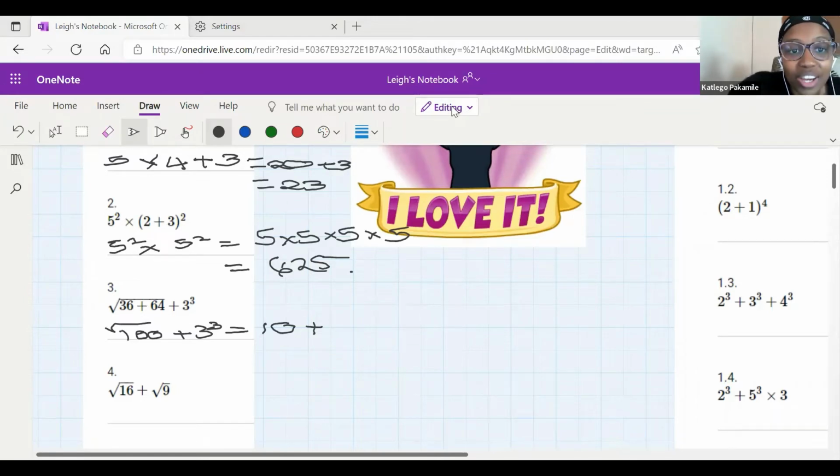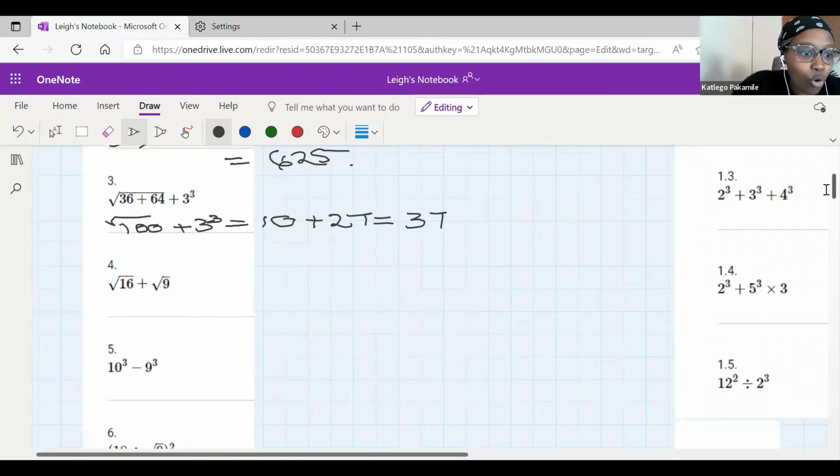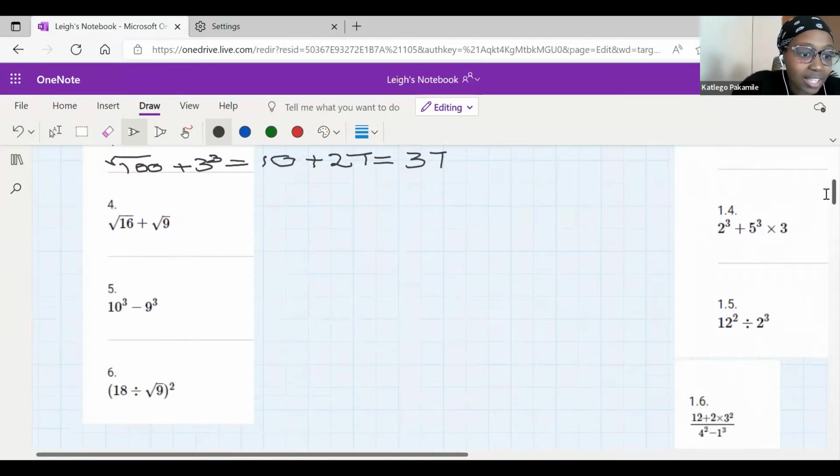But can you please try it for us? 3 cubed. Remember we said 3 cubed is 3 times 3 times 3, right? Yes, ma'am. So 3 times 3 times 3 is? 27. Thank you very much. So 10 plus 27 is? 37. Well done, guys.